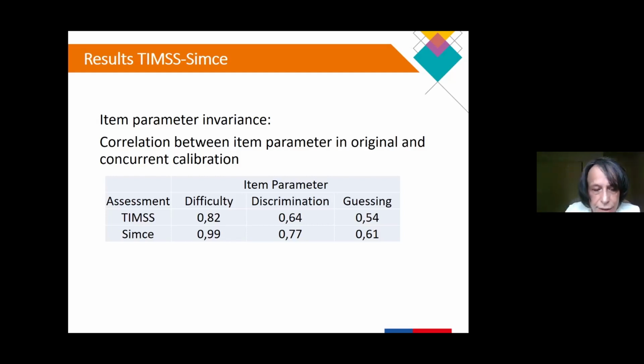In the difficulty parameters, the correlation between the original, that means in their own scales, and the concurrent calibration was 0.82 for TIMSS and 0.99 for SIMSE. For difficulty that's the highest, and the correlations become somewhat lower on the other item parameters.